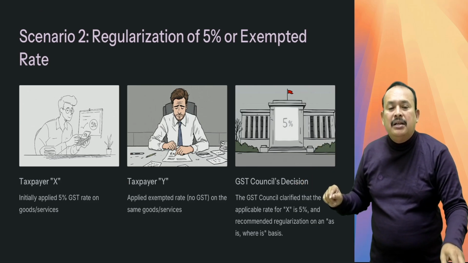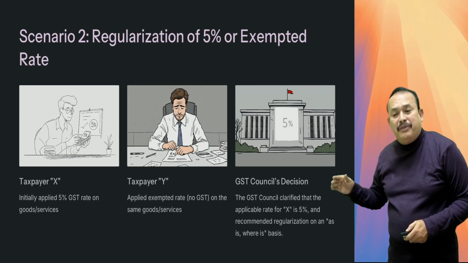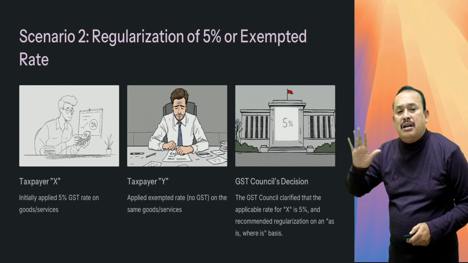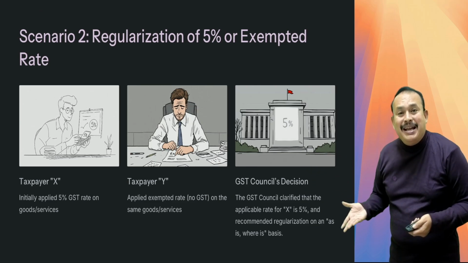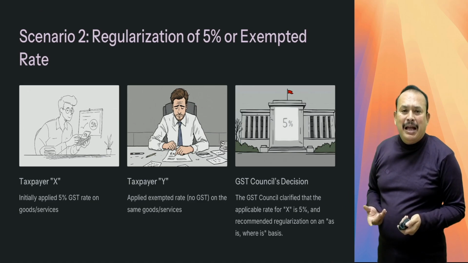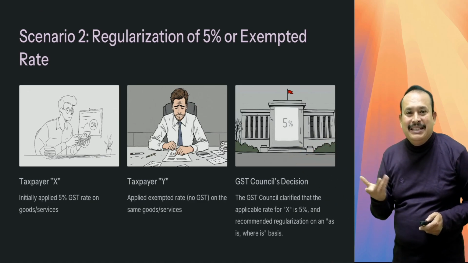Meaning thereby, the 5% GST for the previous period not paid by taxpayer Y is not required to be paid. From today onwards, taxpayer X and taxpayer Y should pay 5% GST as recommended by the GST Council. Is it clear, my dear friends?